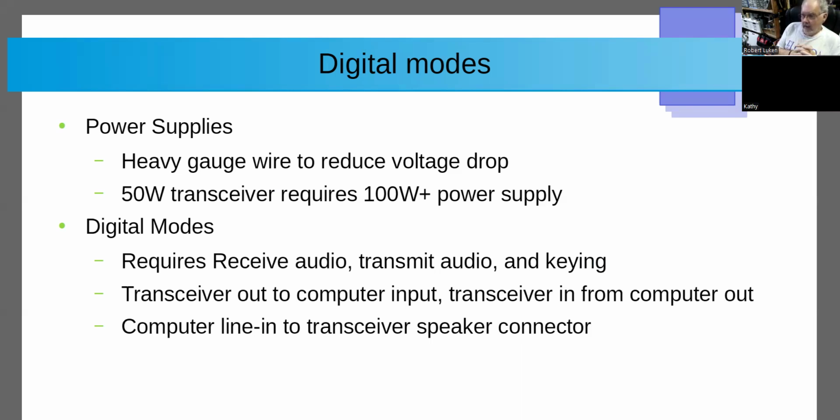So you would normally connect your computer input to your transceiver output, and your transceiver input to your computer output. So you always want to connect an output to an input. An output to an output doesn't work, and an input to an input doesn't.